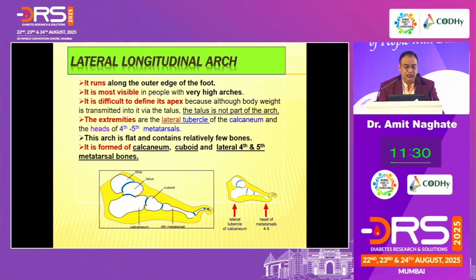The longitudinal lateral arch is found on the most lateral part of the foot. It is formed from the lateral tubercle of the calcaneum and the heads of the fifth and fourth metatarsals. It is a flat arch, formed mainly by the bones.